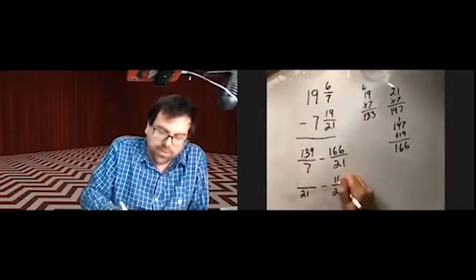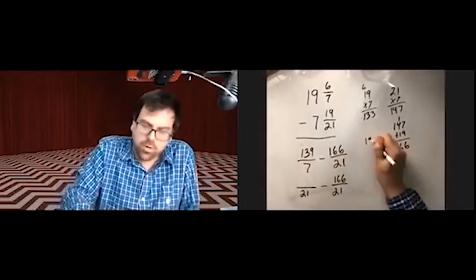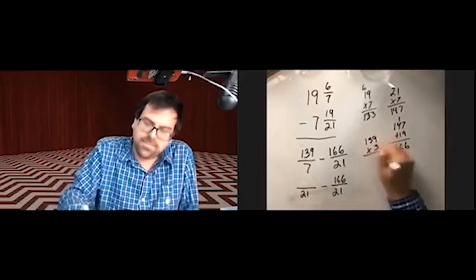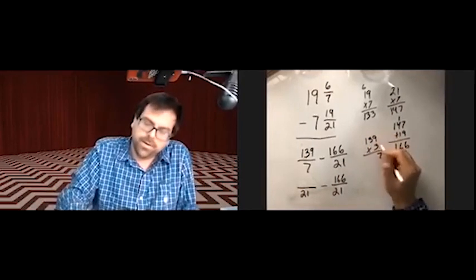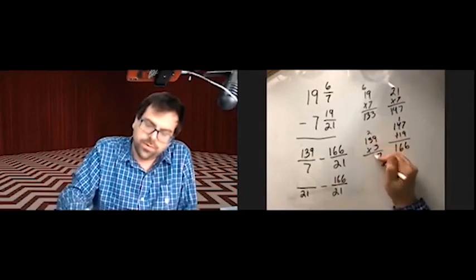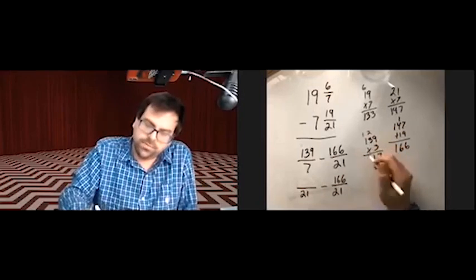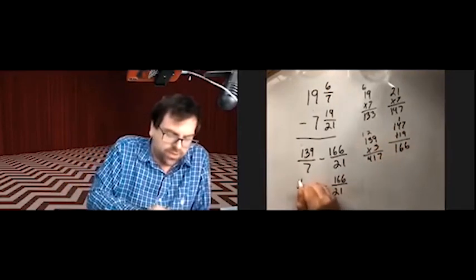Which means the second one doesn't change, but the first one needs to be times 3. 139 times 3. Carry the 2. 9 plus 2 is 11. Carry the 1. 3 plus 1 is 4. 417.